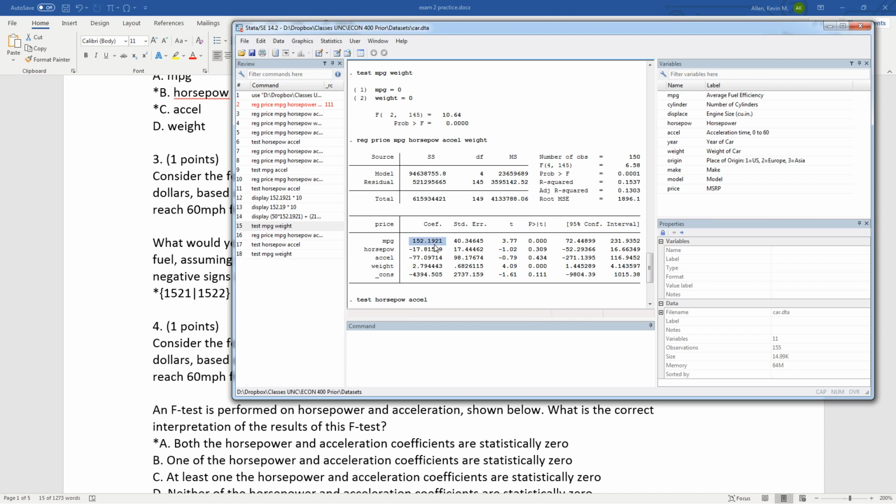And so you end up with 1,521. And then I had a little bit of a range here, but it is 1,521 and 92 cents, basically. You just multiply this coefficient by 10, and that's your answer.